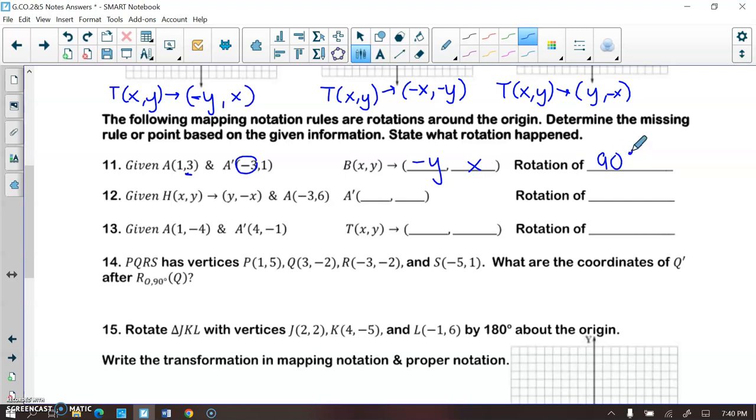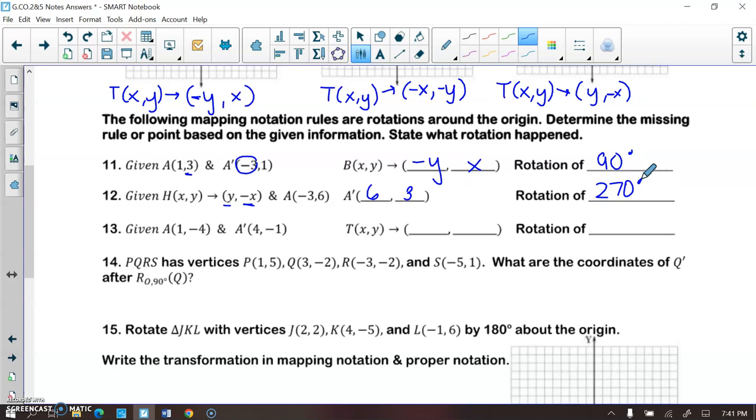In my next one, according to my mapping rule, I'm flipping my y and my x, but this time my x is the one that's becoming the opposite sign. So it becomes a 6, 3, and that's a rotation of 270 degrees.